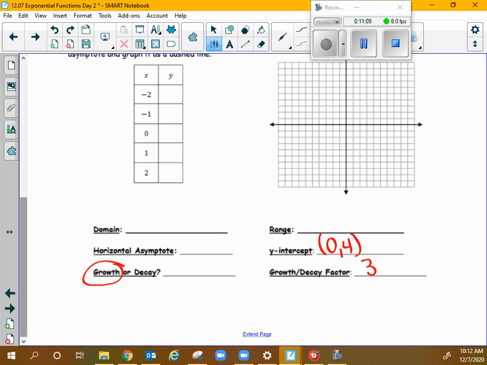What's my horizontal asymptote? Y equals 0. What's my domain? What's my range? Y is greater than 0, and you should have 4, 4/3, 4/9, 12, 36.